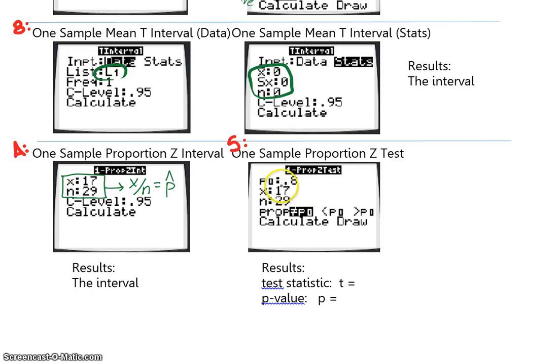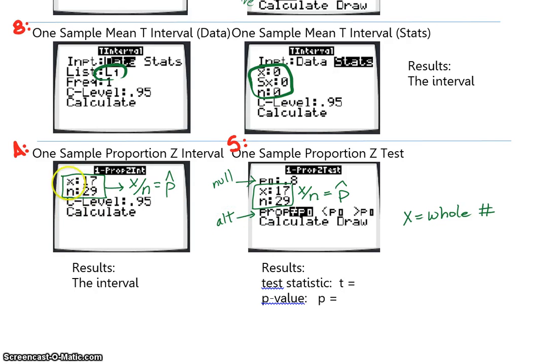Okay, so again, same thing here, that x over n is your p hat. Sometimes you're just given that. Sometimes you actually have to calculate it on your own. And then x always has to be a whole number, or else you'll get an error. And then for the test over here, you have your null, and you have your alternative.